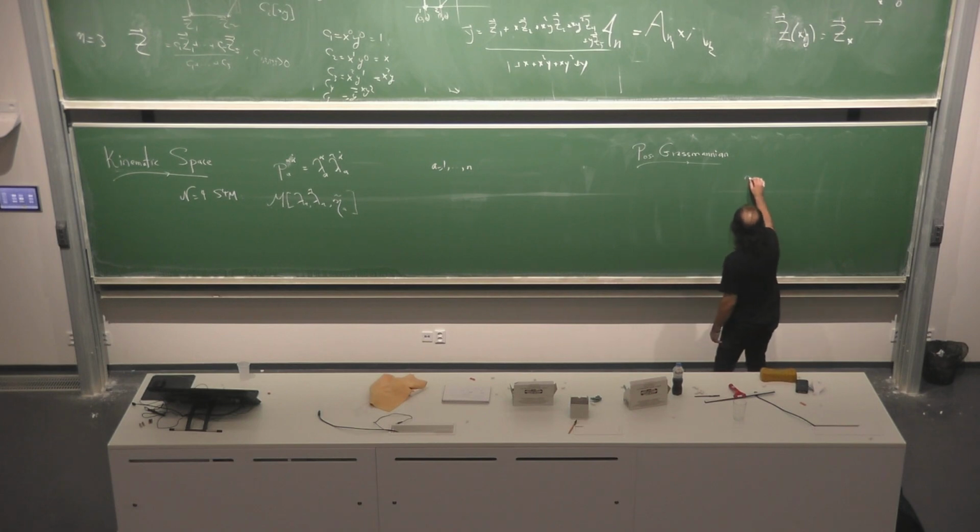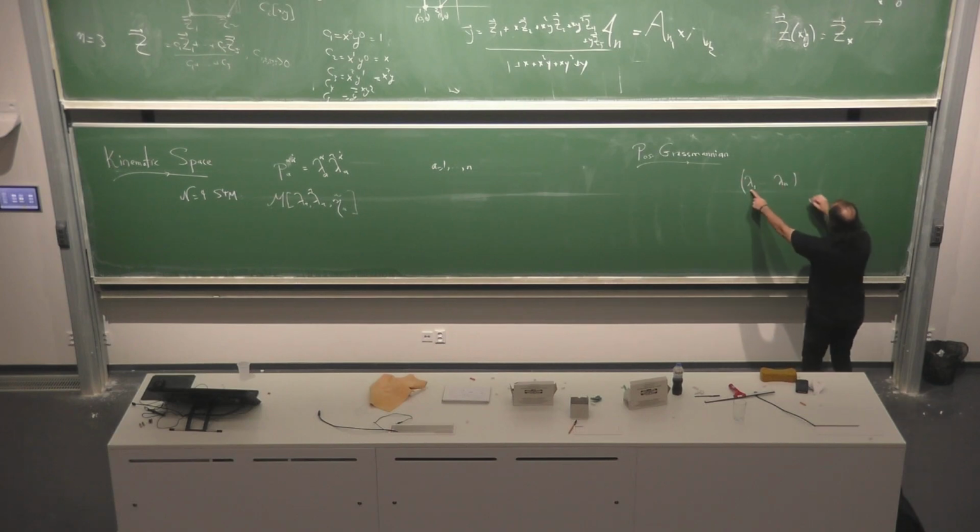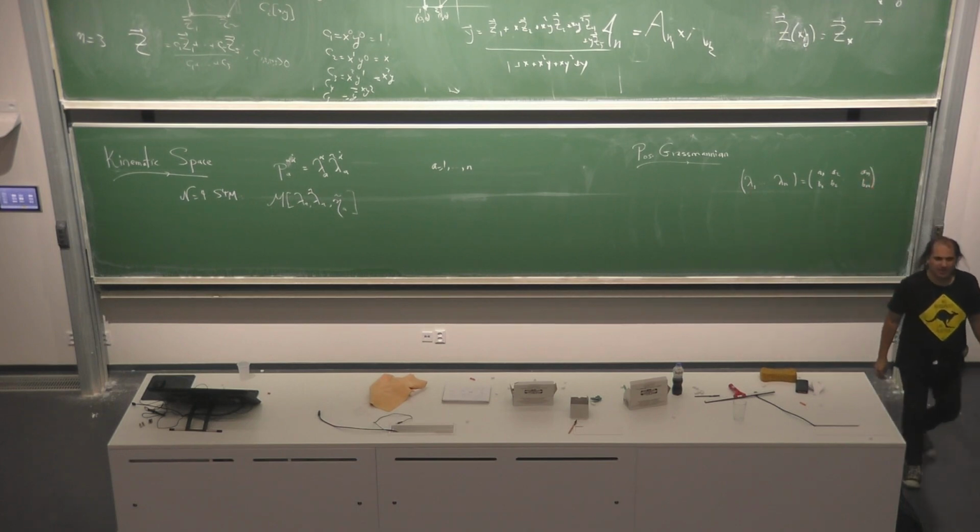So let's say you give me the data for lambda 1 through lambda n. Each one of these is a 2-vector. So that would literally be A1, B1, A2, B2, up to An, Bn. Okay, and that's the most obvious way we think about the external data, as n 2-vectors, right?